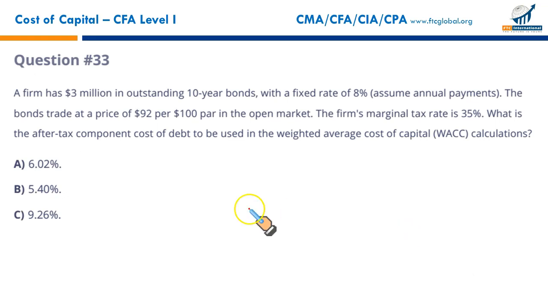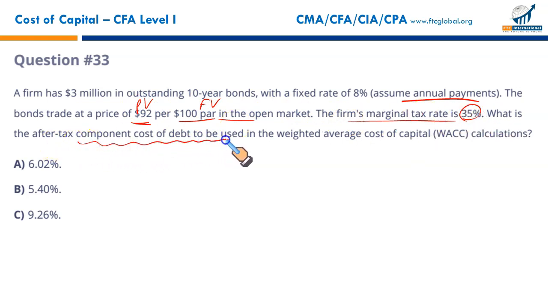Next, a firm has 3 million in outstanding 10 year bonds with a fixed rate of 8%. Assume annual payments. The bond trades at a price of 92, current price, that's PV, 100 par, that's FV. The firm's marginal tax rate is 35%. What is the after-tax component cost of debt to be used in weighted average computation? So 10 is N, minus 92, the current price, is PV.